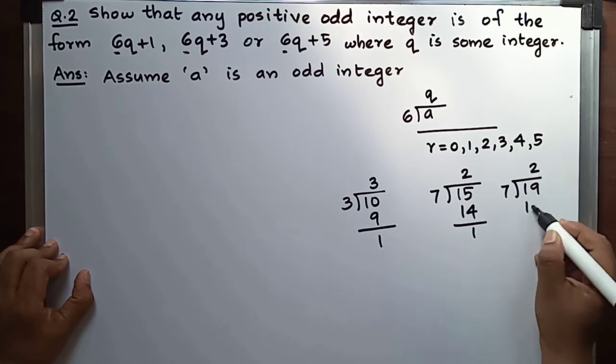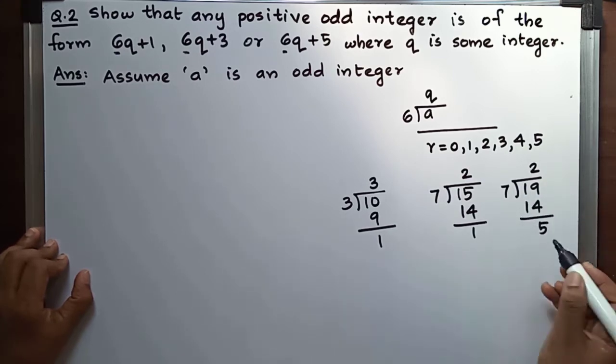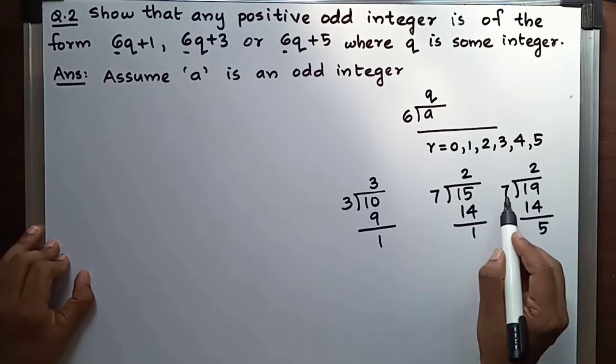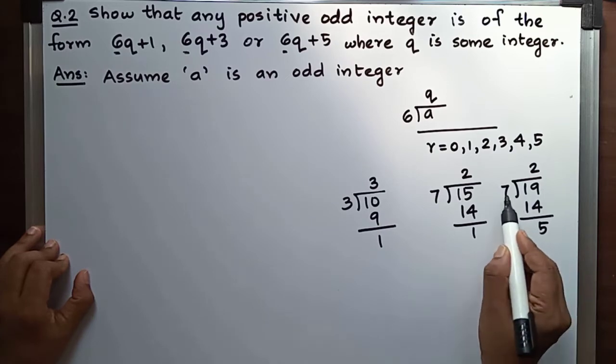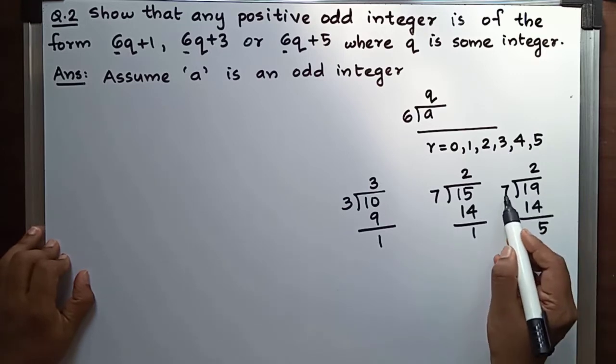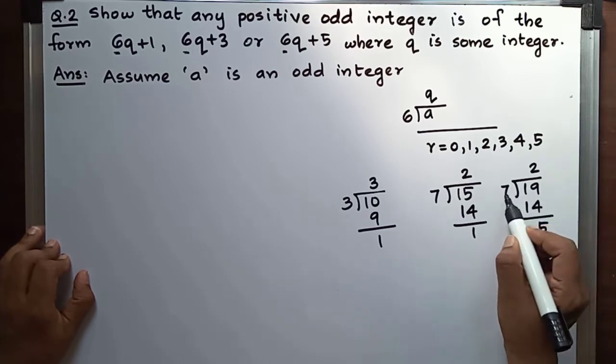2 times 7 is 14, remainder 5. See, the remainder is a bigger one here, 5. But still, check it. 5 is less than 7, right? That means when we divide a number by another number, the remainder will never exceed the divisor.